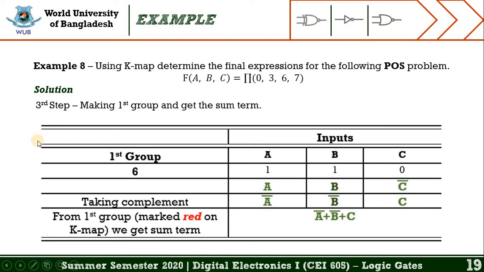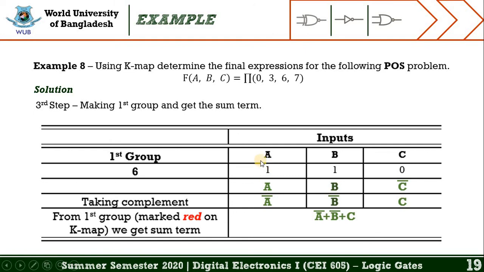The third step is making the first group and getting the sum term. We already know this is the POS problem, which is product of sum, so that's why we need the sum term. The first group should be number 6, or you can start with 0, there is no problem, but here we start with 6. So 6 is equal to 1, 1, 0.